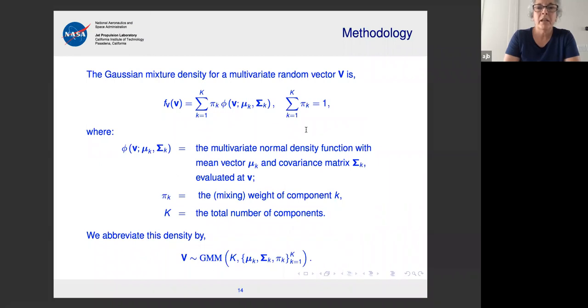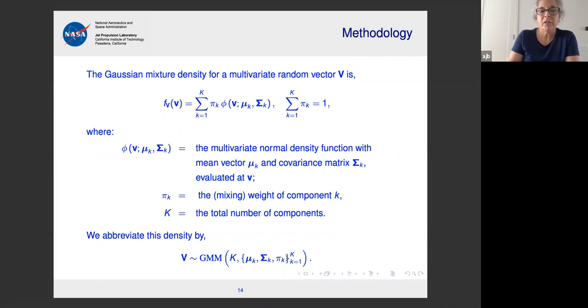And then once you know the identity of the mixture component you're going to draw from, then you draw from it. And we denote that density as follows down at the bottom here. So we have the Gaussian mixture model with k components, and each component has a mean vector, a covariance matrix, and a weight or a mixing probability.